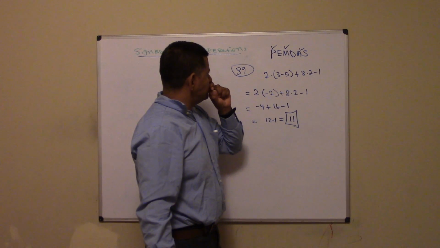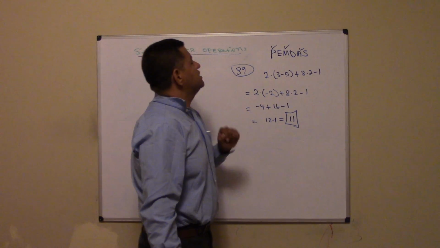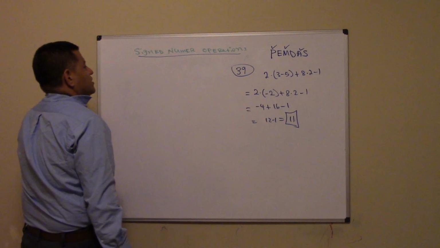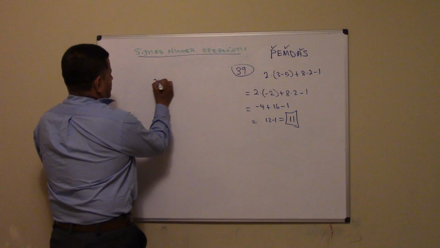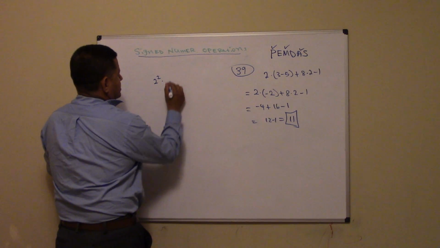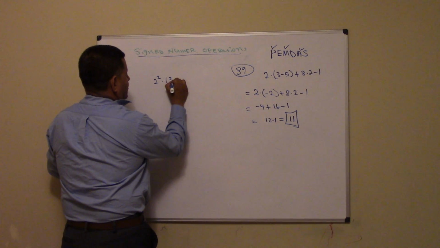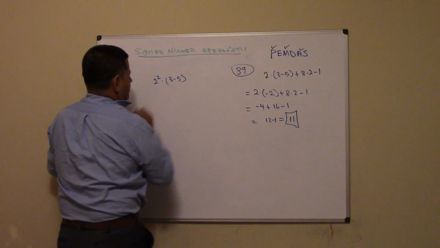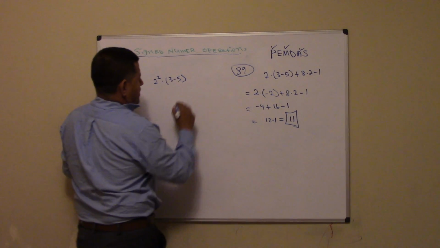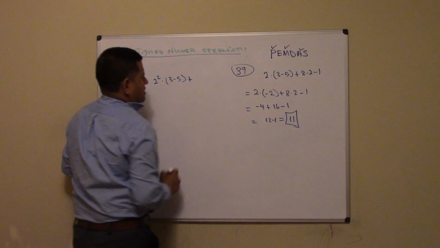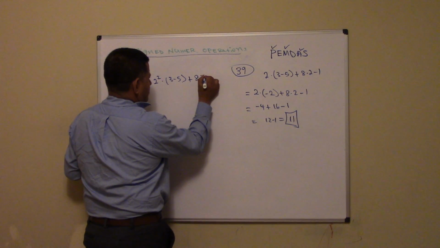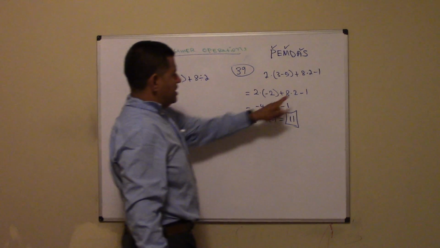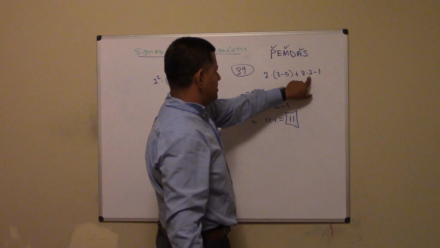So let's do it. Okay, so let's do 2 squared times 3 minus 5, right? Plus 8 divided by 2. Okay, I just changed that 8.